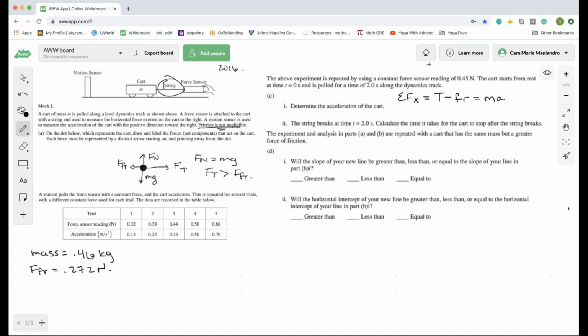We just solved for friction, and we have the mass, so we can pretty easily solve this. Tension minus force of friction over m: 0.45 minus 0.272 over our mass, which was 0.46, and we get about 0.37 meters per second squared. So this is just Newton's second law. Any questions so far?